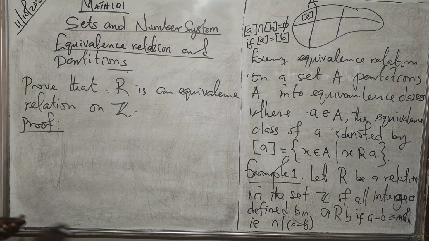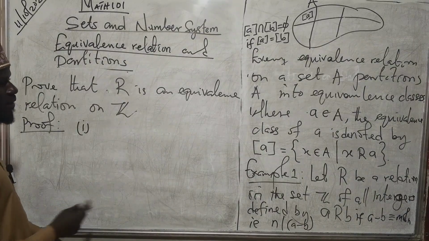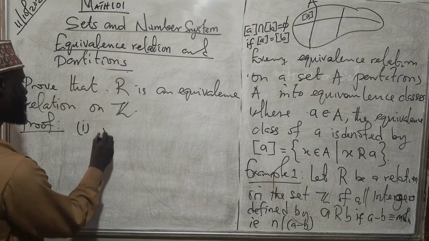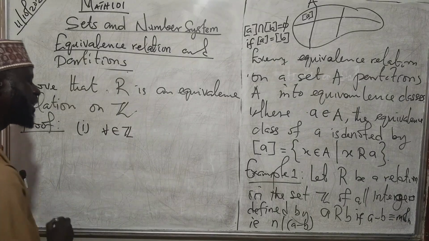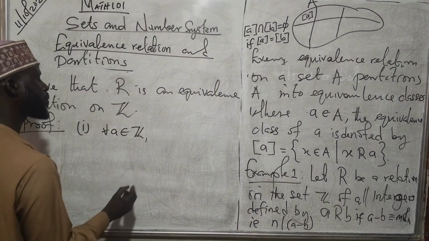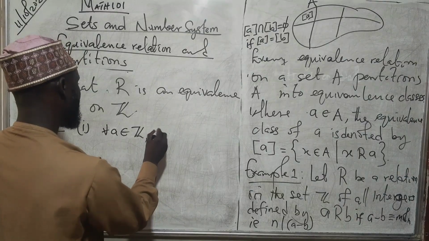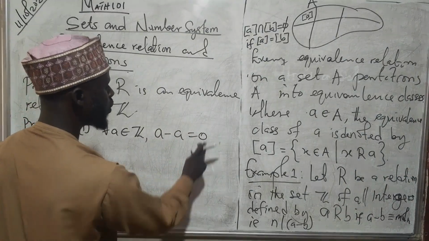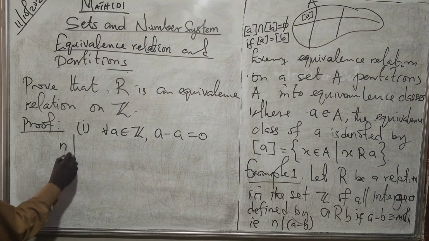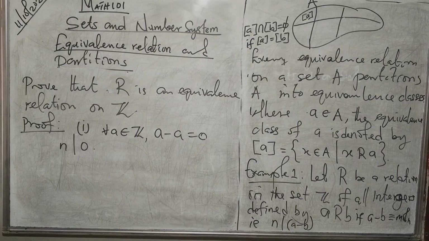For reflexivity, for all A in Z, that is, for all integers A, we see that A minus A is equal to 0. This is an integer, and n divides 0.